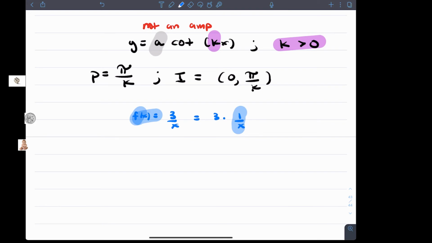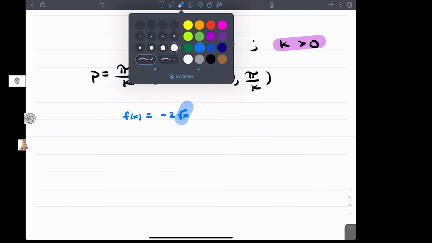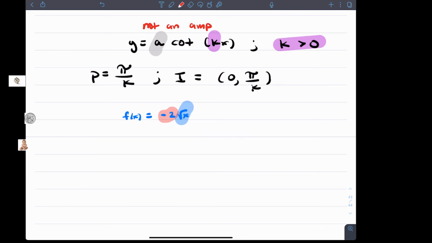A determines both how wide and thin the curve would be. It also determines whether you reflect it about the x-axis, if it's negative. So generally speaking, if you had maybe negative 2 square root of x, well, you want to know how that curve looks. And then you want to know the effect of the coefficient on that curve.